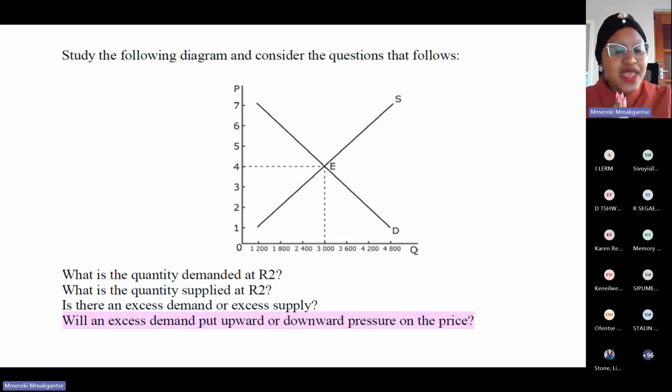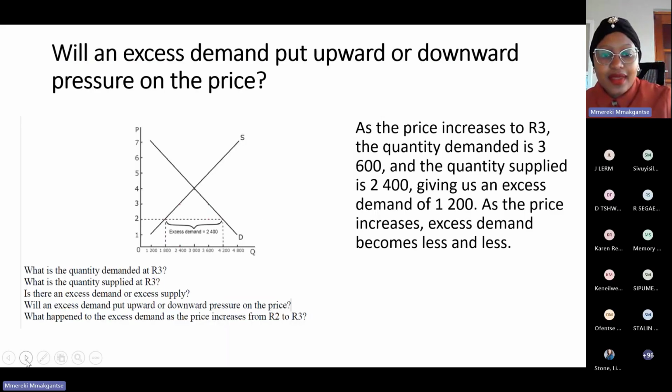Correct, we have excess demand. And remember, because of excess demand, it will put an upward pressure on the price. You see, excess demand puts upward pressure.